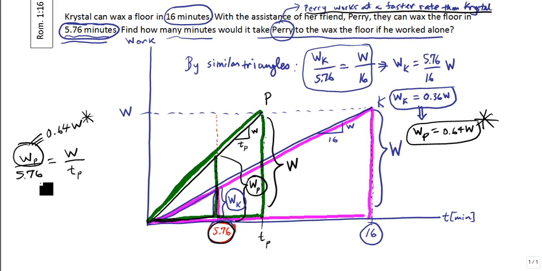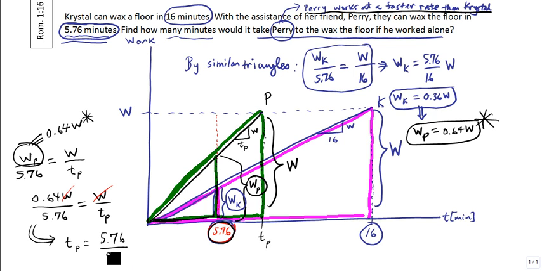And so if I stick in 0.64 W is to 5.76 as W is to T sub P, I can eliminate the W's from the left and the right just by dividing by W. And then I can solve for T sub P, which is what I need to know, is equal to 5.76 divided by 0.64.